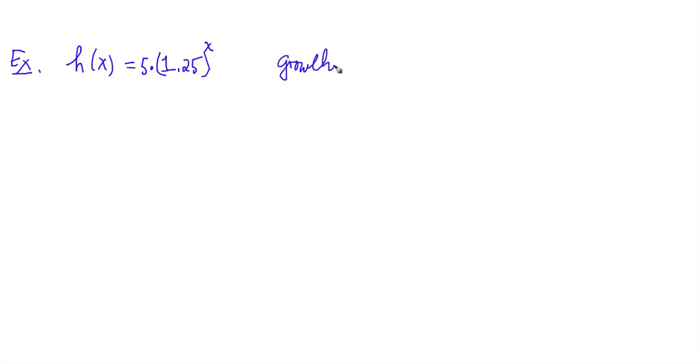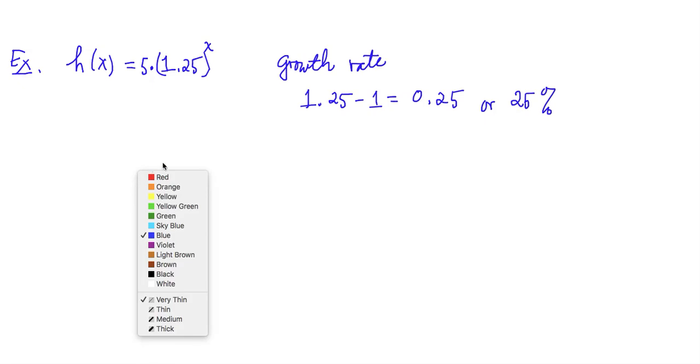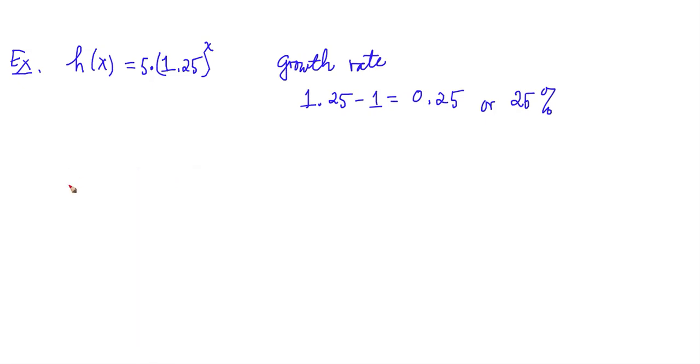In particular, its growth rate is 1.25 minus 1, as we defined earlier, or 0.25. Oftentimes in real applications, this will be described as a percentage, so this will be 25%. However, whichever version you prefer to use, they are both correct.